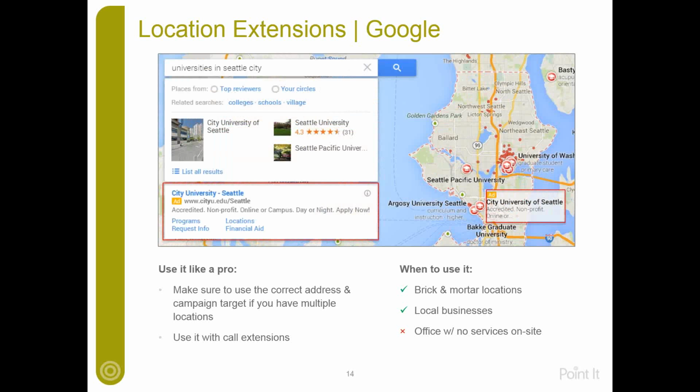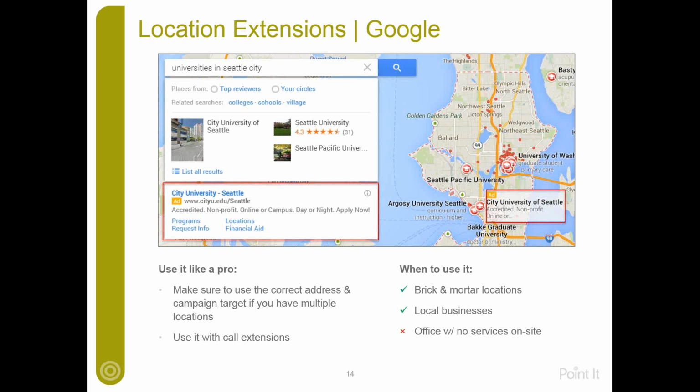As shown in this screenshot, this can be a big advantage when your competitors are not utilizing this extension because your ad and business location are clearly identified on the map, whereas others are simply icons. To use location extensions like a pro, the most important tip is to ensure that you have the correct address running on your campaign if your business has multiple locations.